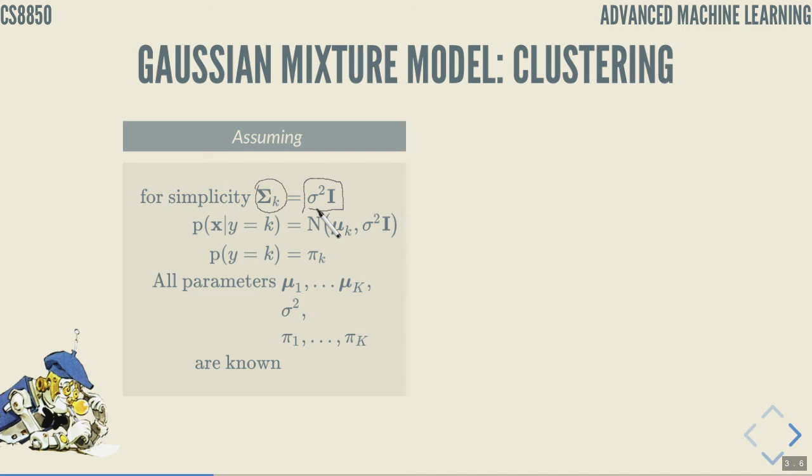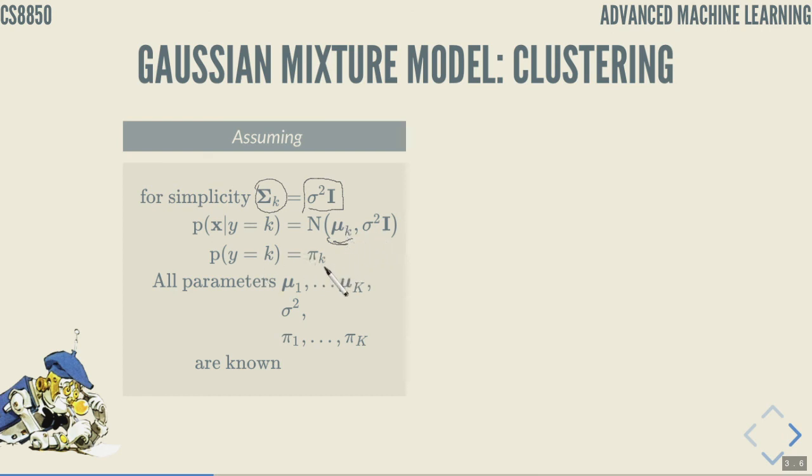It's just round, equidistant probabilities, equidistant in any direction. The only difference of those Gaussians is they have different means.